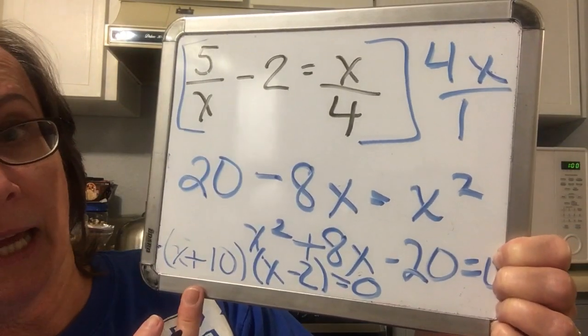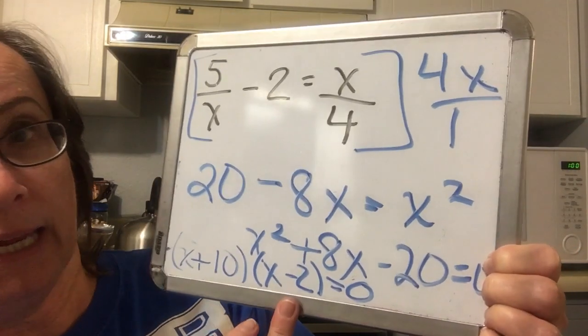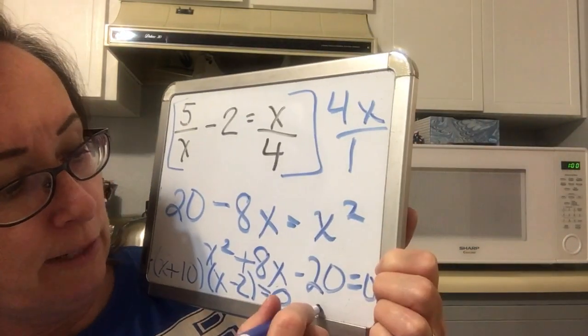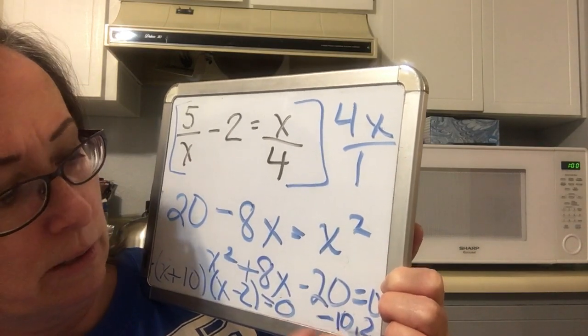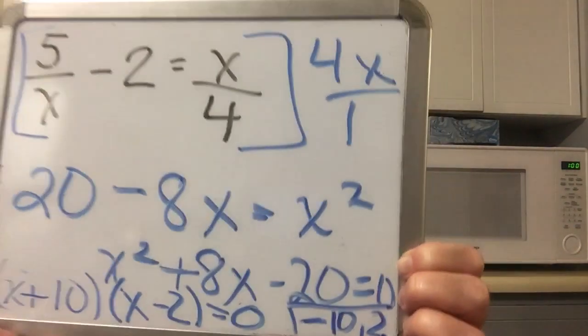When I solve it, I get a negative 10 and a 2. So negative 10 and a 2 are my 2 solutions.